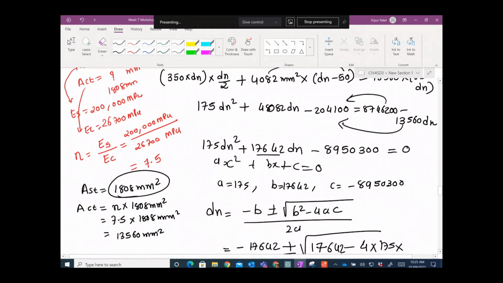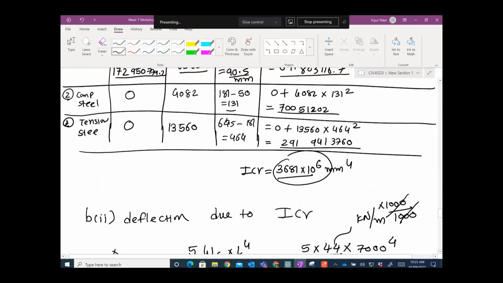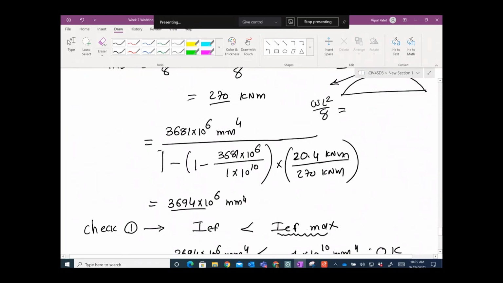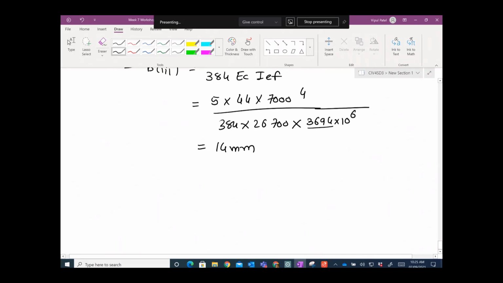If you use the decimal places, there is a minor difference, but it's very close. You have 3681 as the cracking moment of inertia, and here you use 3694, very close to each other. If you put in the decimal places, you can see some difference. So that's the deflection B3.